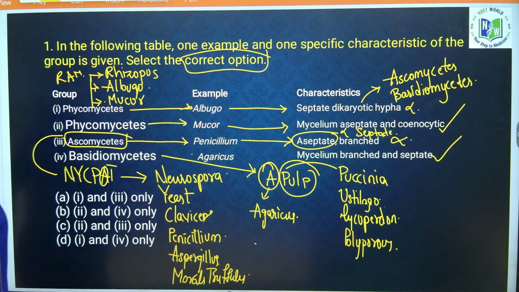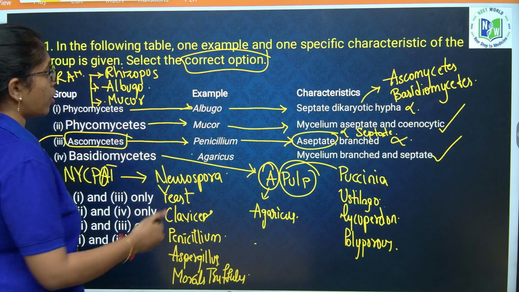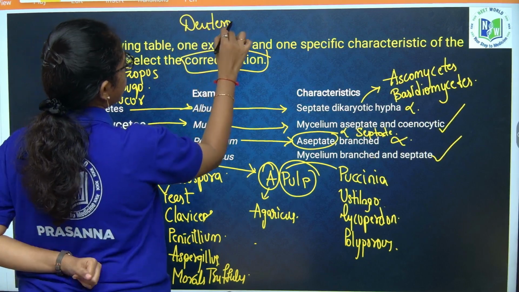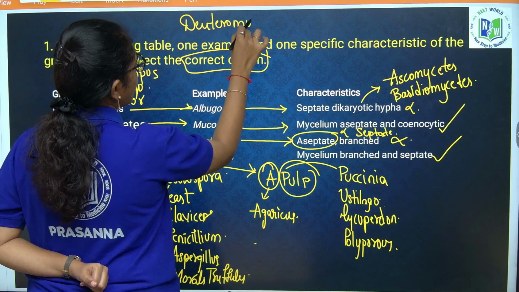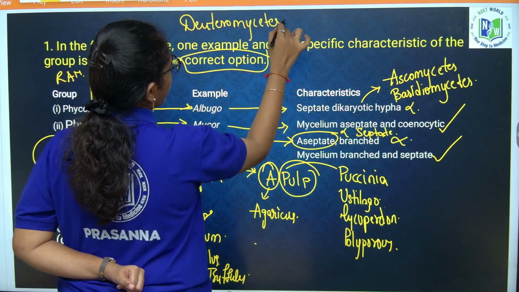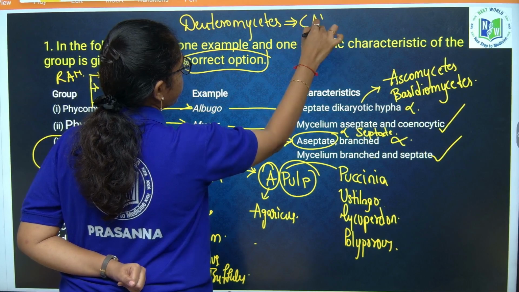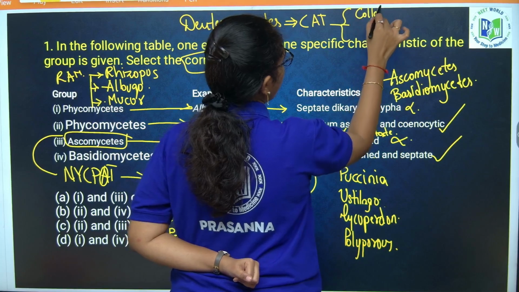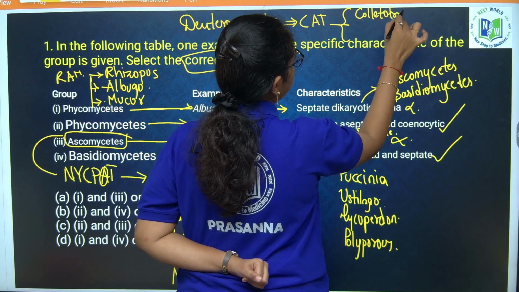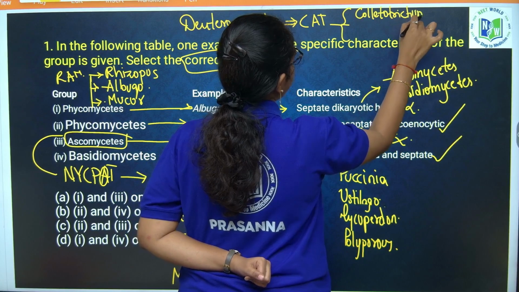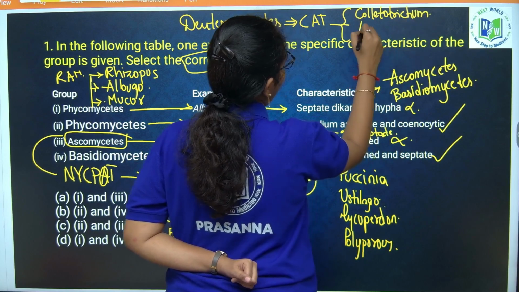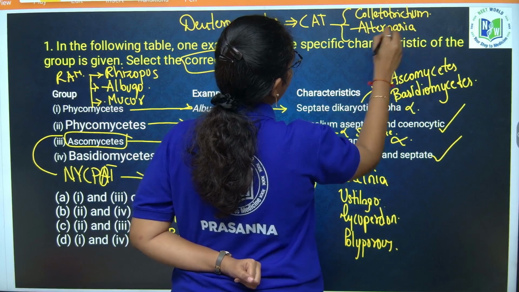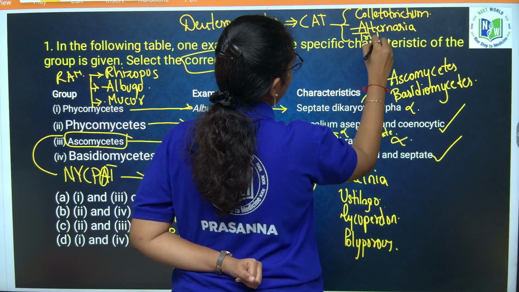One more class which is not given in this option, let us also recall that. That is Deuteromycetes. And the mnemonic you can remember is CAT, which means Colletotrichum, Alternaria and Trichoderma.